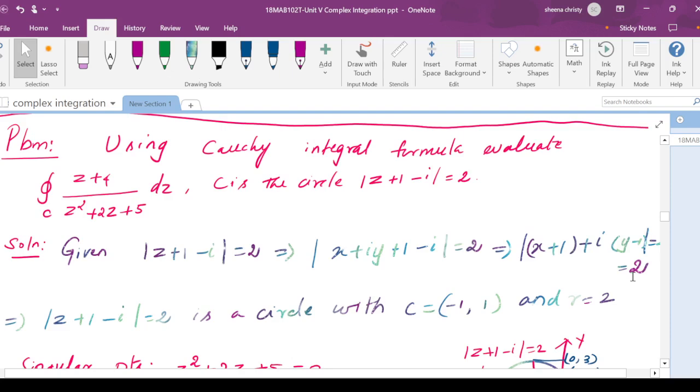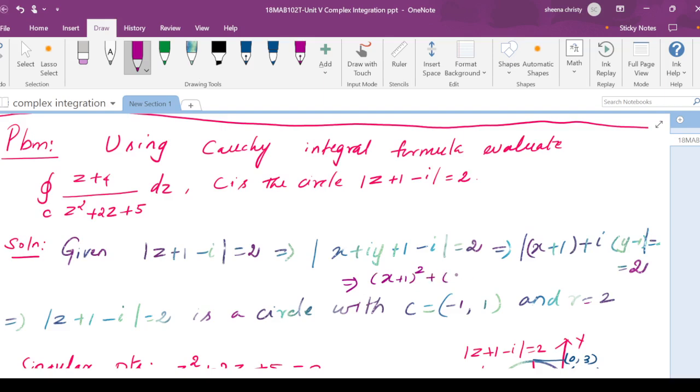Now, by removing this modulus, you can get this as a circle with center (-1, 1) and radius 2.